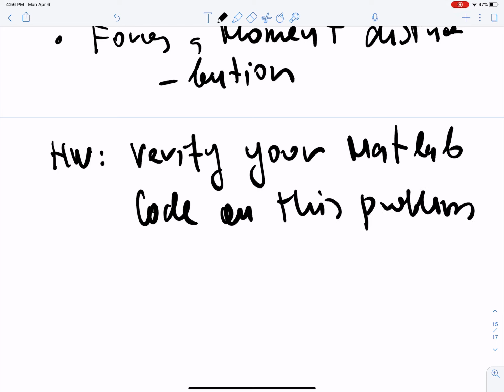You can solve it by hand, and there's a lot of information in the notes, and then you want to make sure that your code delivers the same solution as the by-hand solution, and then you're confident that you can handle bigger and bigger problems, as we will toward the end of the class.